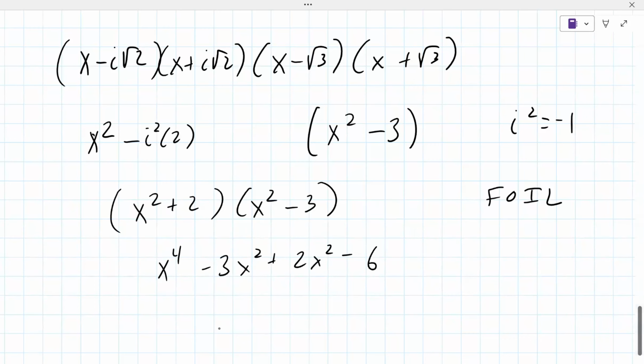So the final answer here is x to the fourth minus x squared minus 6. Notice this violates what we just previously talked about, the number of terms, so you can't always use that. Something to think about.